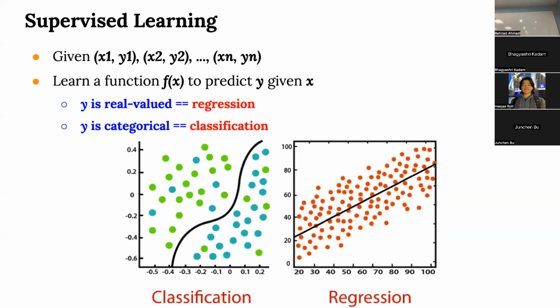As I repeated many times, decision trees, SVMs, and neural nets are all capable of handling either a classification or a regression problem. You can design both with the same architecture. At the very end, you decide to take a real-valued number or a 0-1 number. That's just a decision you make at the very end.